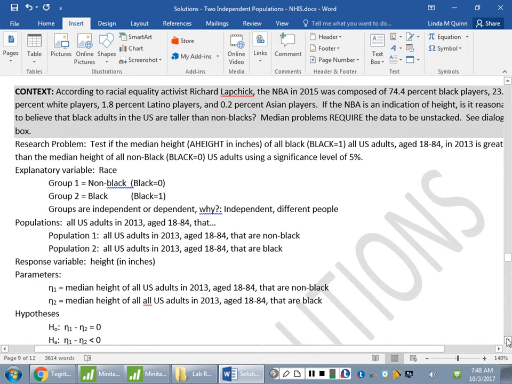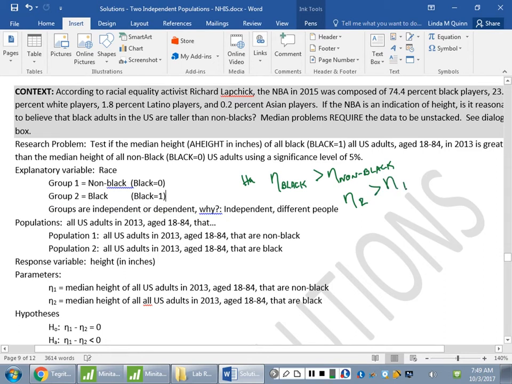So we're trying to check if the median height for black is greater than the median height for non-black. And once again, if I substitute and put in the groups, I've got group 2 has a higher median than group 1.